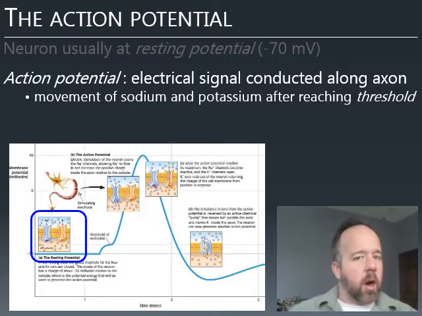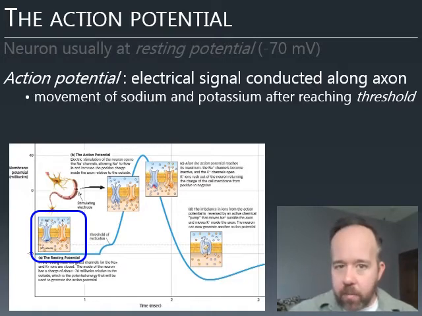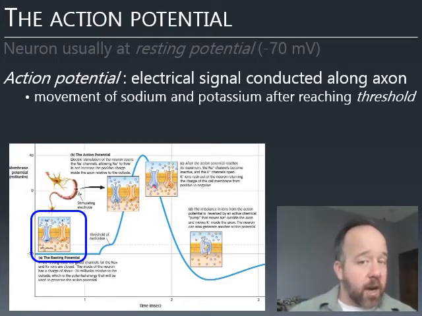So it's sort of an all or nothing. Action potentials are all or none. They are not a graded response. They either happen or they don't. And they happen or not depending on what's going on in the cell body. So it's sort of a democratic system. All the dendrites are sending information, the cell body adds it all together, and either votes yes for an action potential or no for not a signal.